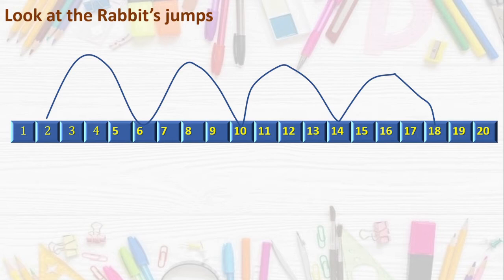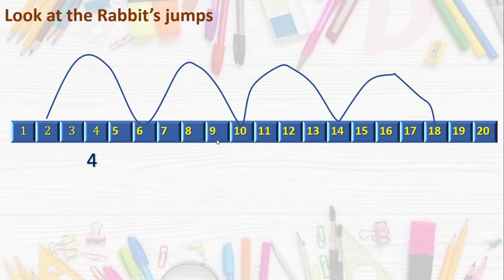Now we will see on which number it jumped. Yes, starting number is 2. First it jumped on 6 from 2. What is the difference? Yes, 2 to 3, 4, 5, 6 means steps of 4. Right? Now after 6 it jumped to number 10.